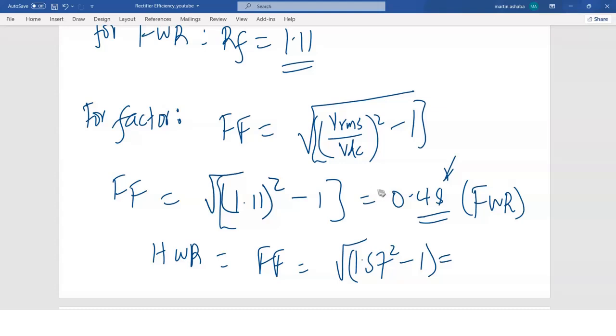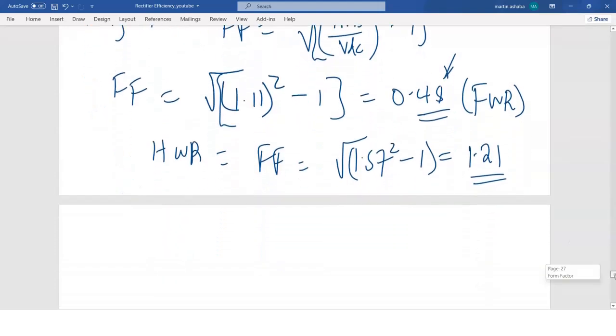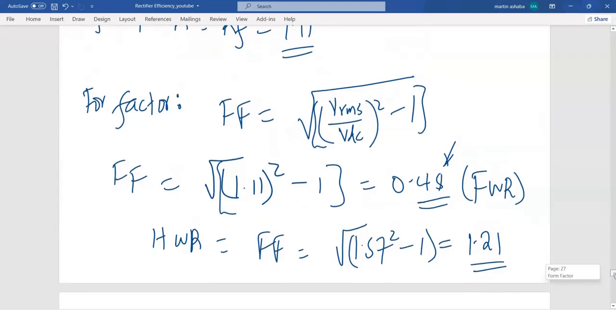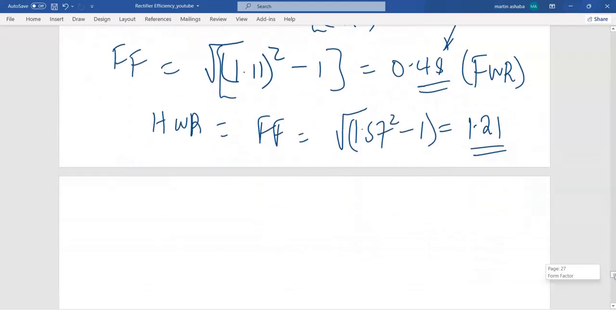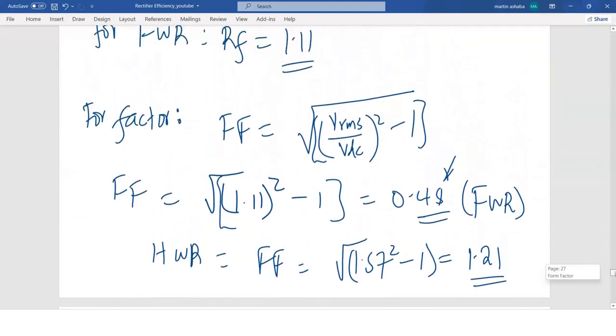You find that for a half wave rectifier, the form factor is about 1.21. So you can see that a half wave rectifier has many ripples. In other words, there is a large value of vibrations. You expect more vibrations in the output compared to the full wave rectifier.